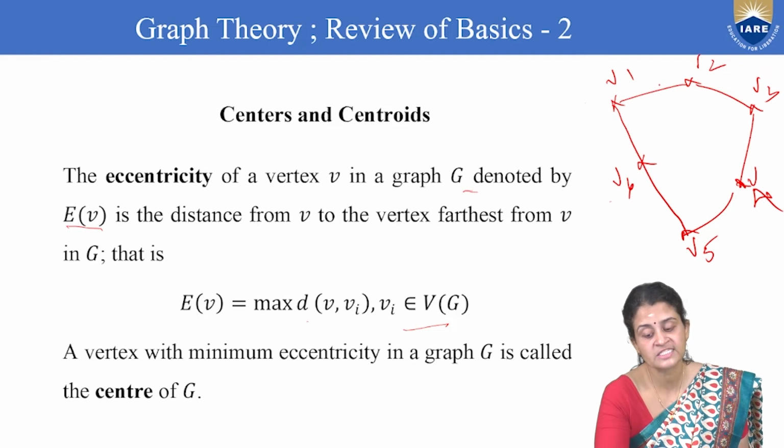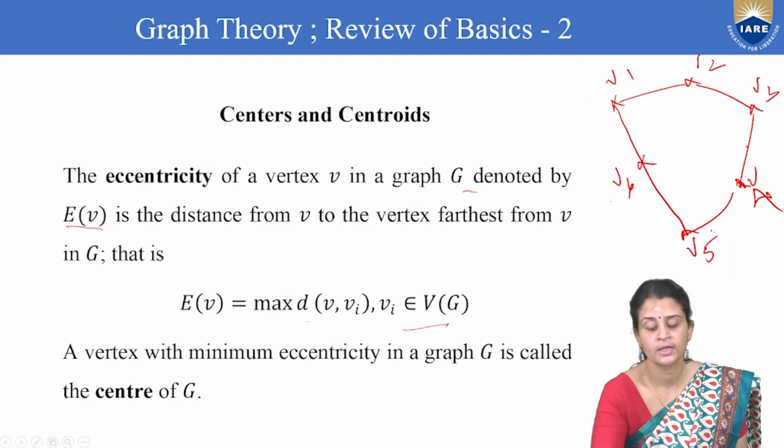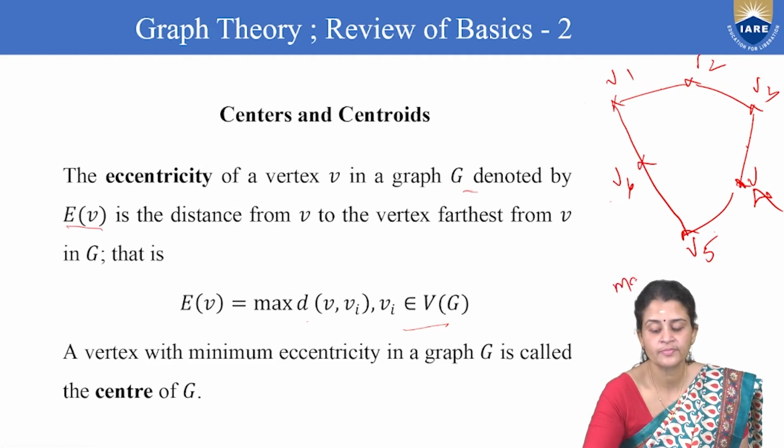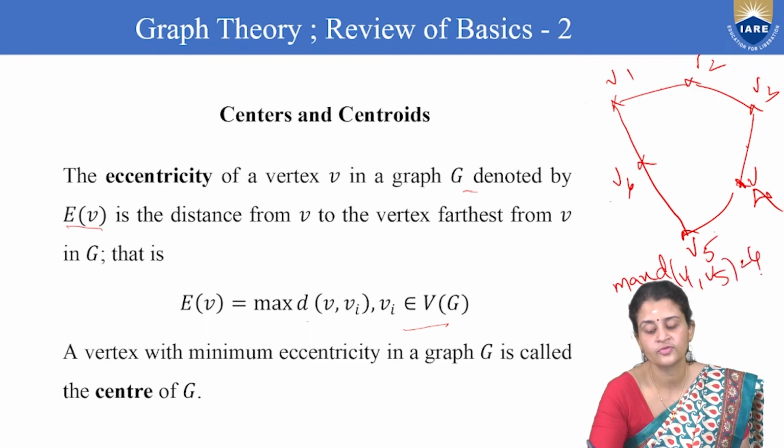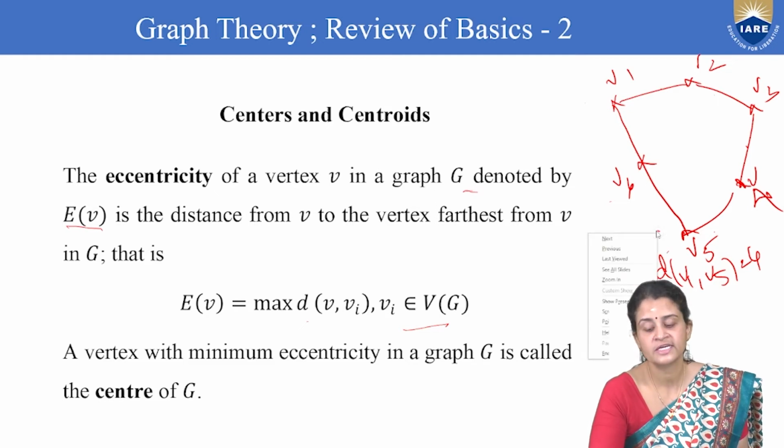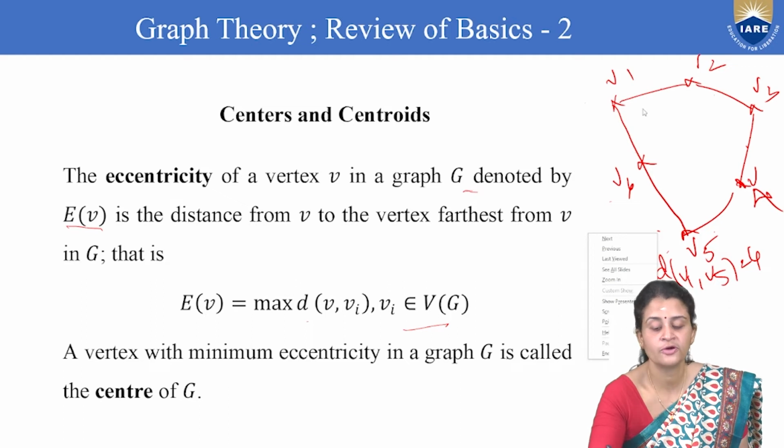And the maximum distance, going along the longest path, is 1, 2, 3, 4. So the minimum distance between V1 and V5 is 2, but the eccentricity of V1, E of V1, is 4.